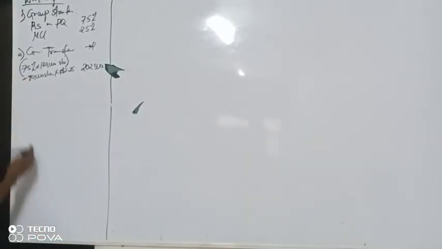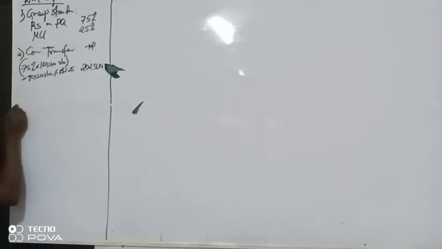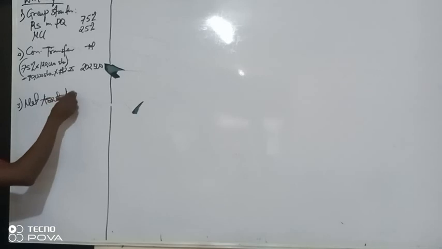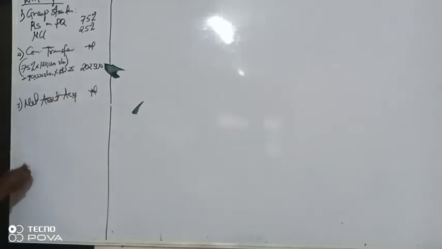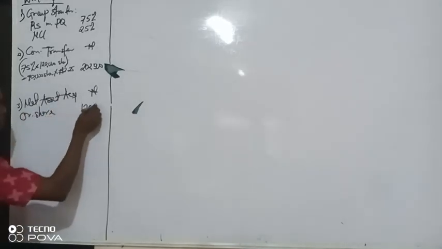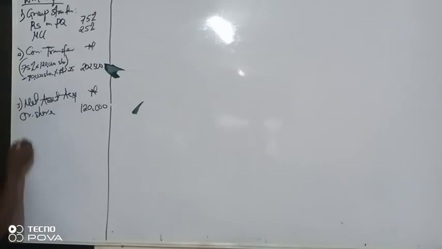Number 3 now, net assets acquired. The ordinary share of the subsidiary in value is 120,000 naira. Then we have our retained earnings.